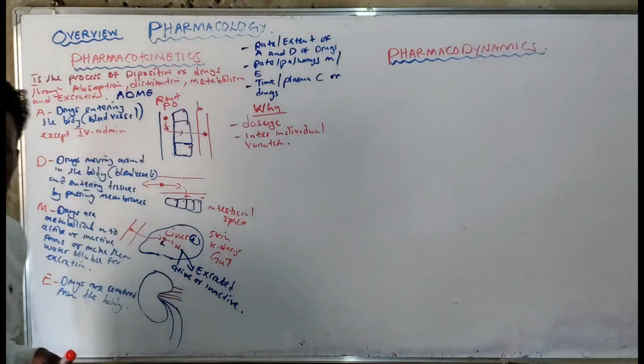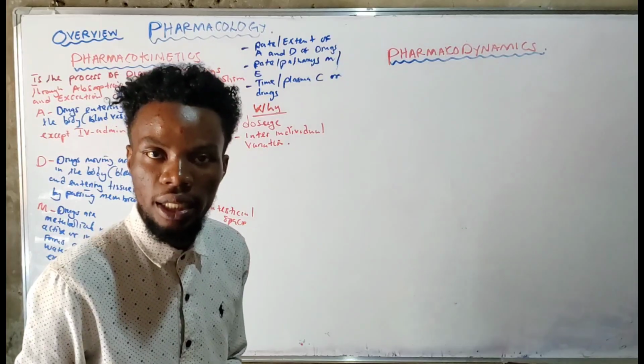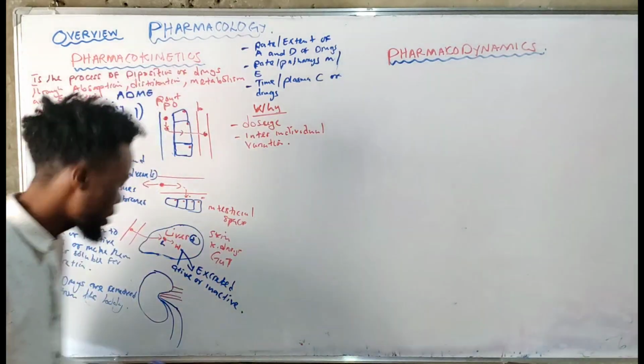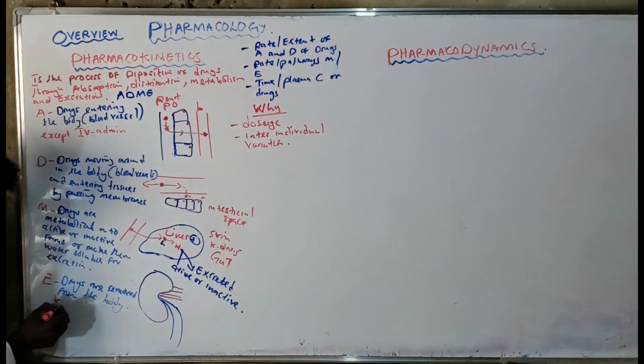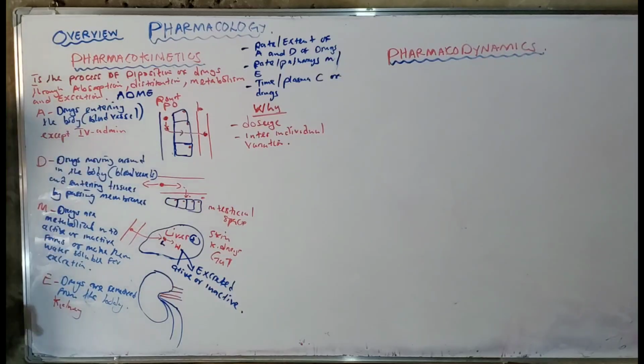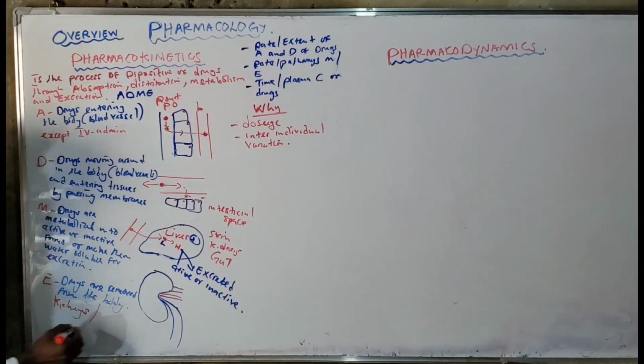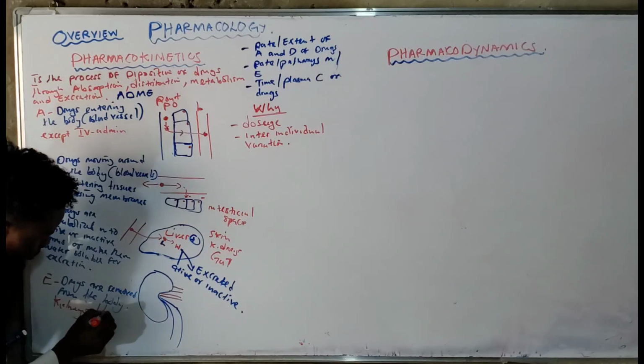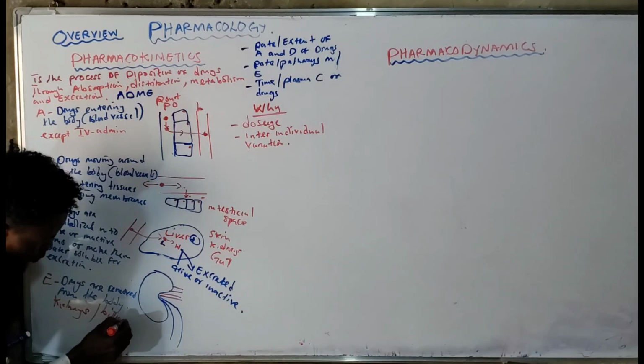But there are two ways in which the drug can be removed from the body: via the kidneys, or the other one, via the biliary tract system.